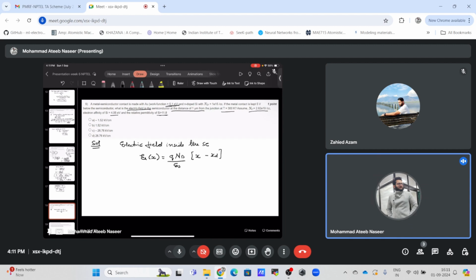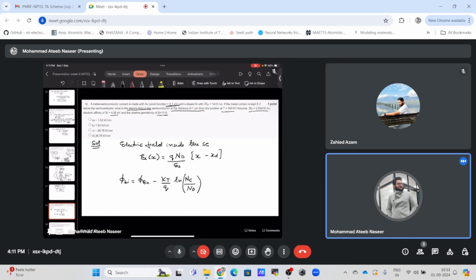So now this problem states that we have to find out the built-in potential for this junction, and we have been doing this quite long now. Simply from the energy band diagram of this Schottky contact, it would be phi bn minus phi f, and phi f is simply kT by q ln of Nc by Nd. Nc is the effective density of states at the conduction band edge, and Nd is the concentration of the dopant atoms per centimeter cube.